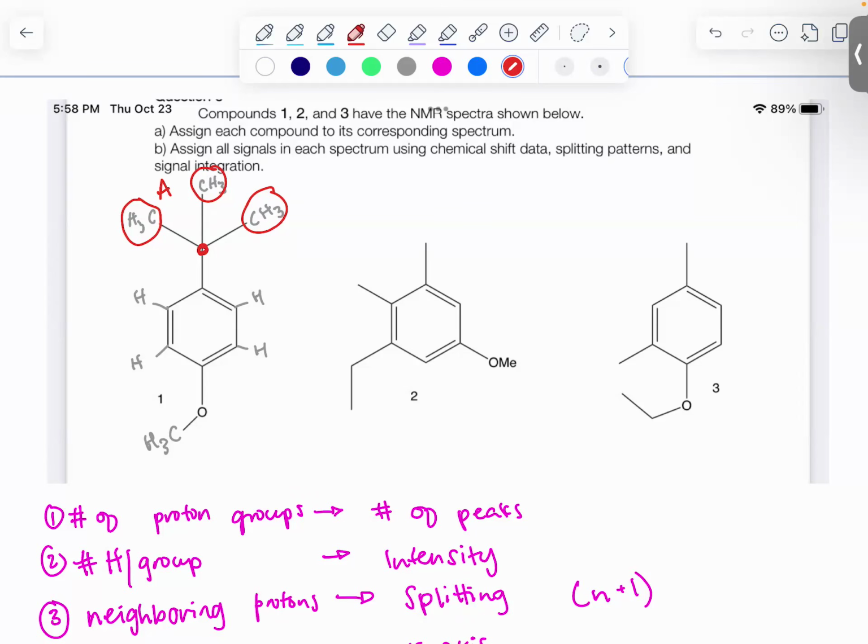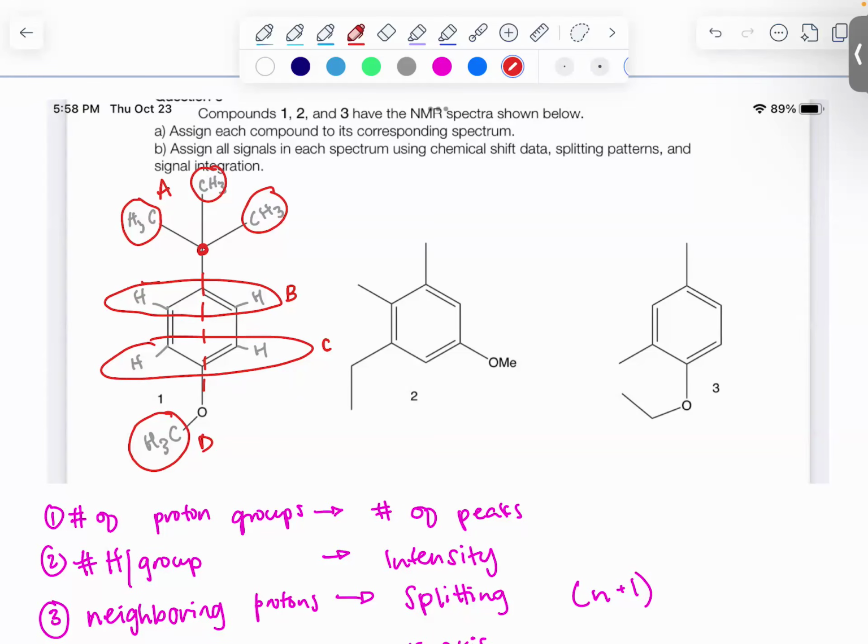With benzene rings, if you have symmetry, that will also cause groups to be combined. And in this one, we do have symmetry. So this is our second, this is our third, and this is our fourth.